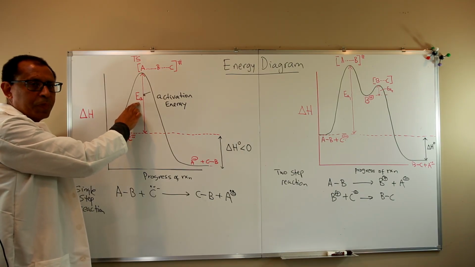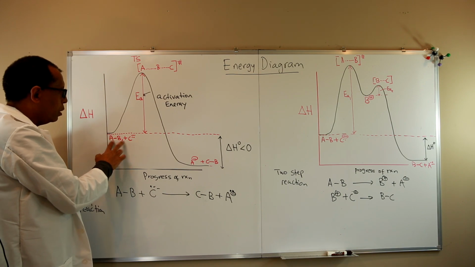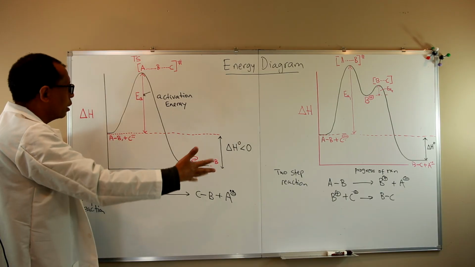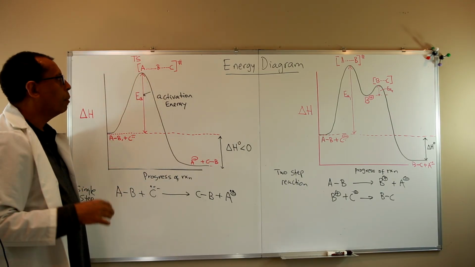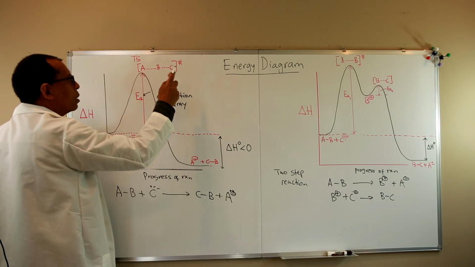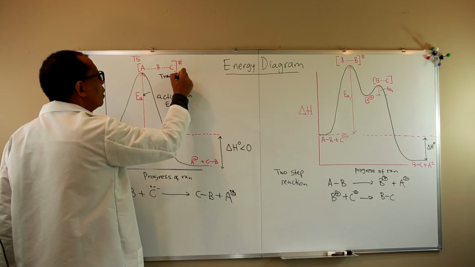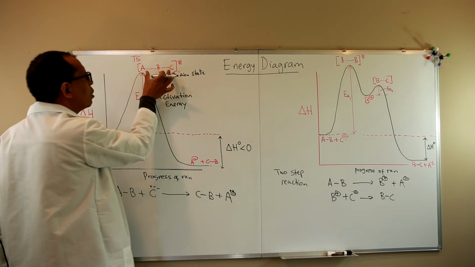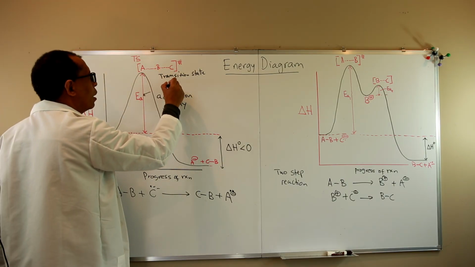So the starting material would recombine, and as it goes up during the reaction progress, it reaches a transition state complex. This is called the transition state complex. The species that would be at that point is a transition state complex.